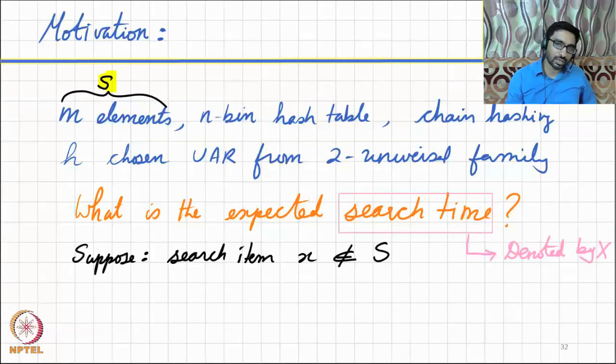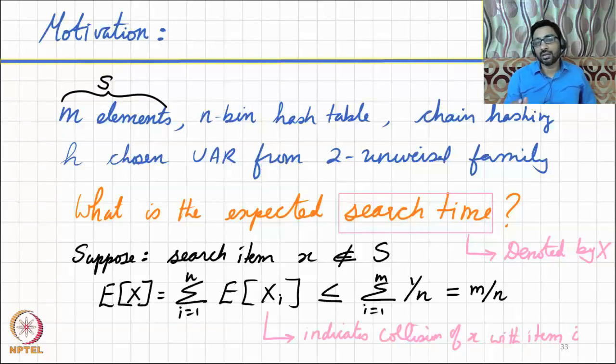Let's start with the case that x is not in the dictionary. So S is the set of items in the dictionary. There's a search item.